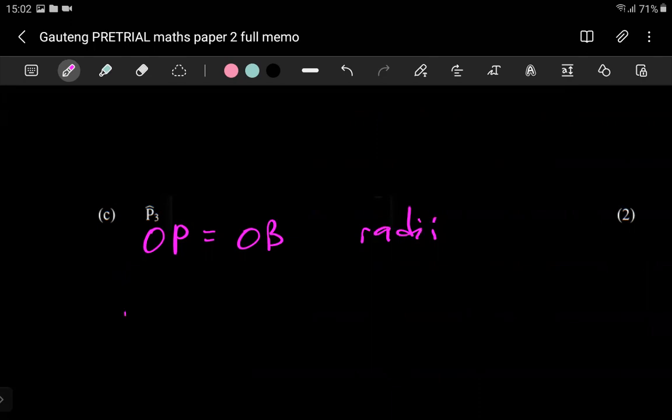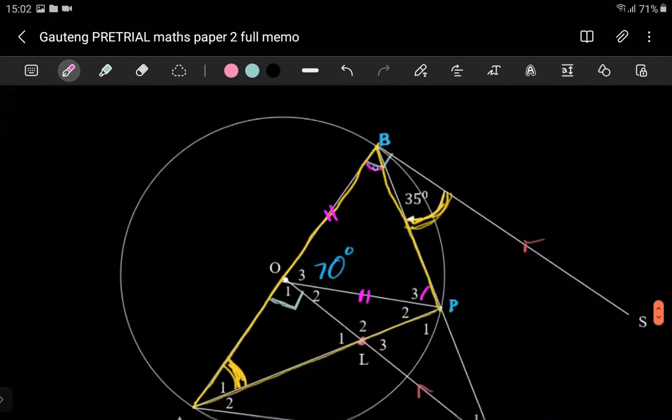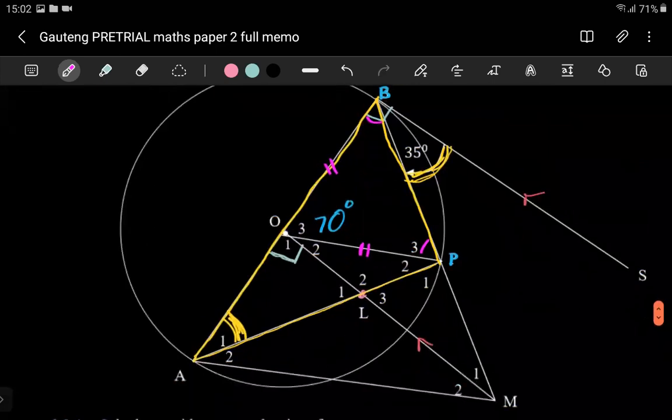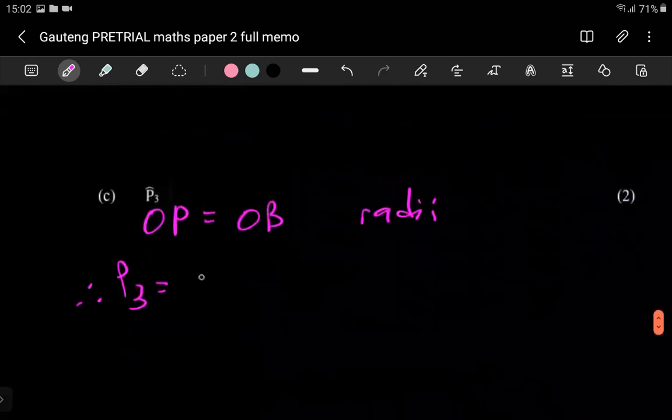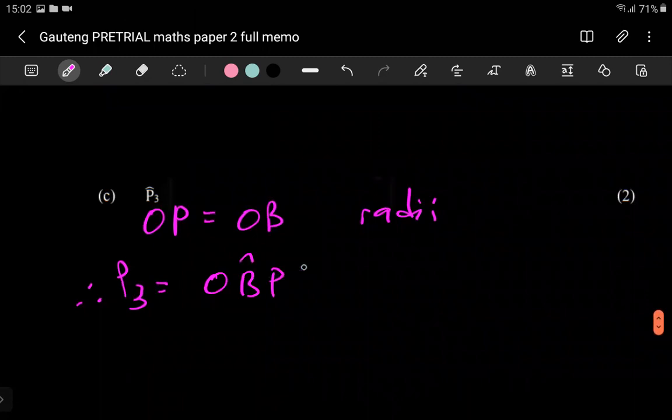So that now we can say P3 is going to be equal to OBP. The reason is angles opposite equal sides. It's just angles opposite equal sides.